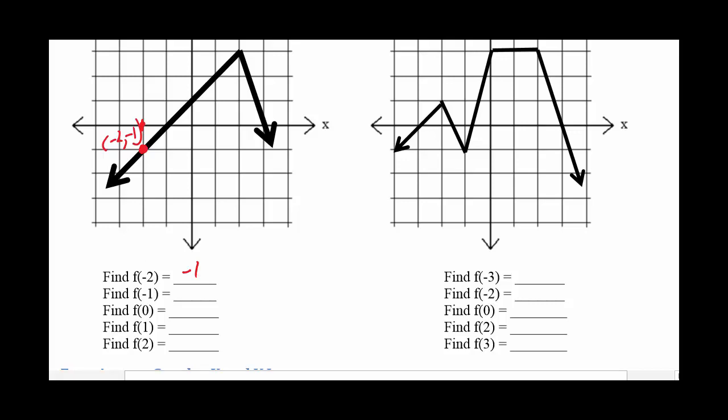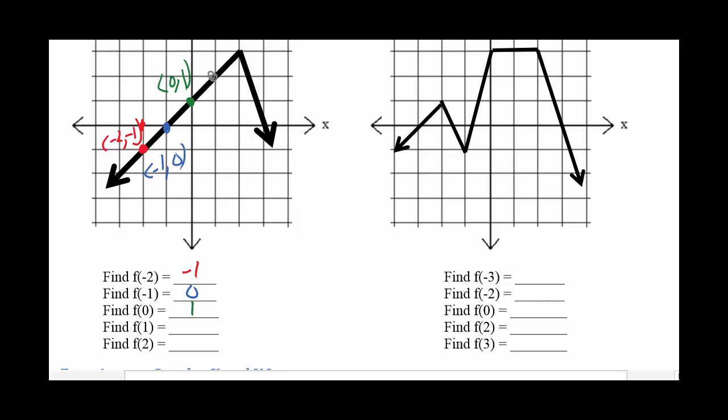If I go to f of -1, come over here to that point, and what's the ordered pair there? It's -1 comma 0, so that's a 0. Then I want 0, and I look at the y value opposite that, so that's 0, 1.